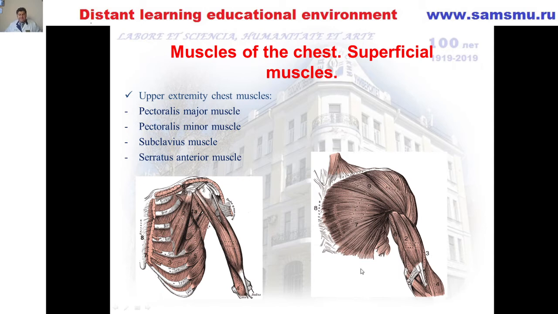The fibers of the muscle stretch laterally where they converge and are attached by a short tendon to the crista tuberculi majoris of the humerus. The lateral border of the muscle joins the border of the deltoid muscle. You may see the deltoid muscle here too.